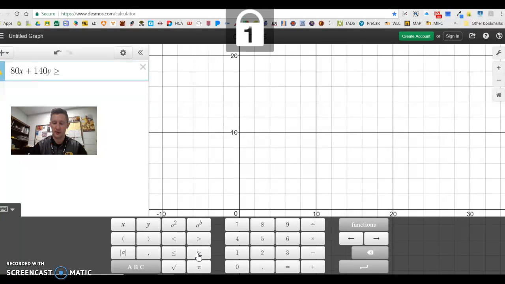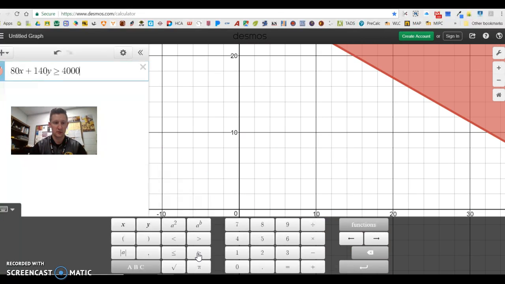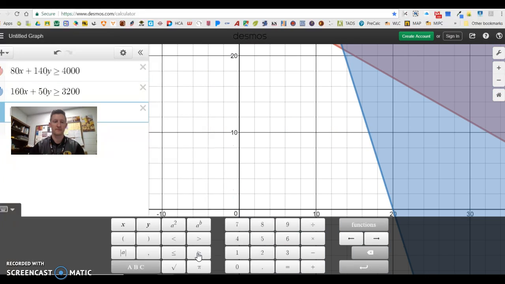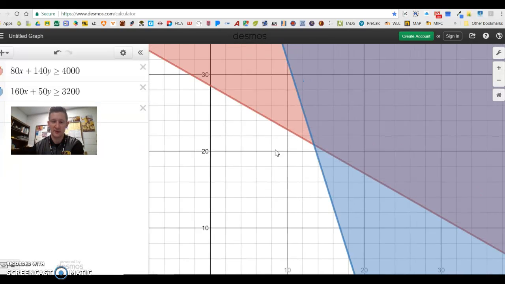And then the other one was 160x instead of r plus 50y instead of s, and that one's greater than or equal to 3,200. I don't need the greater than or equal to 0 parts because obviously I'm only working with positive numbers.